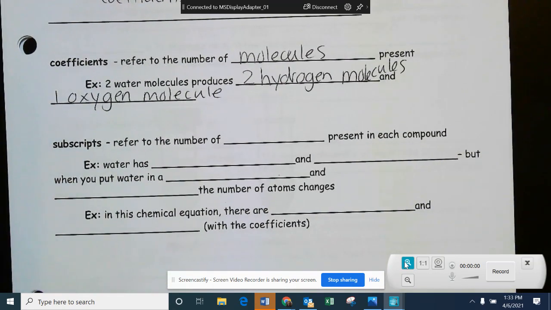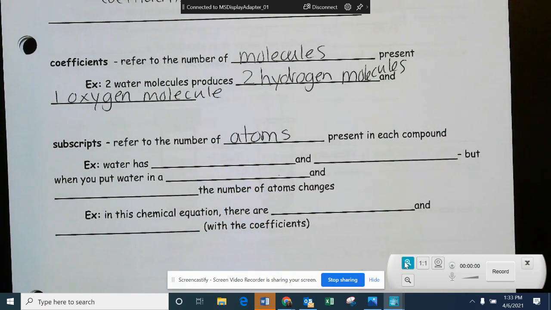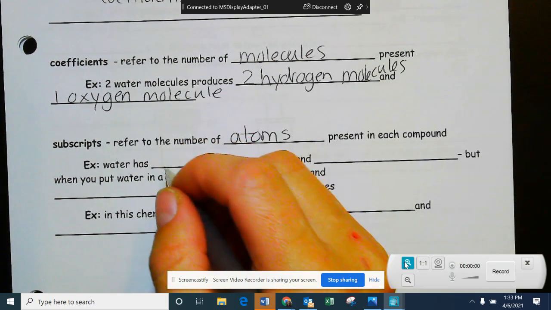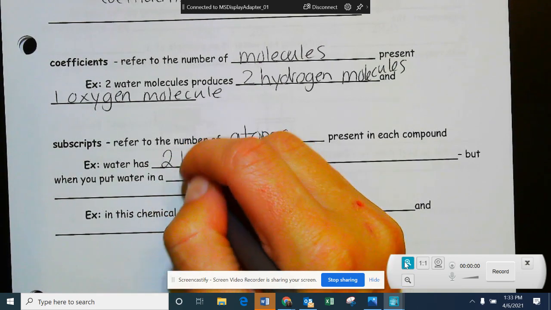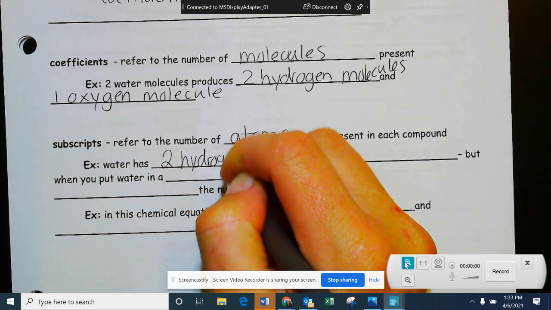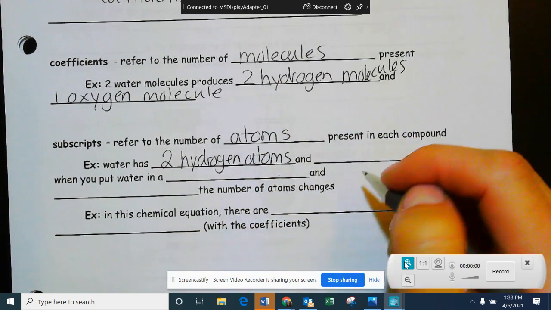And then those subscripts refer to the number of atoms present in each compound. So, example, in our formula equation up there, water has got 2 hydrogens and 1 oxygen atom.